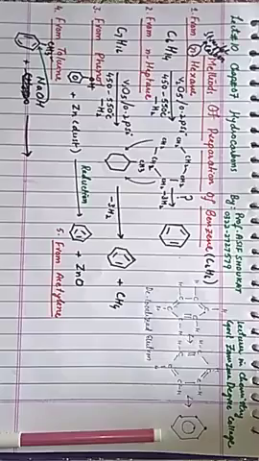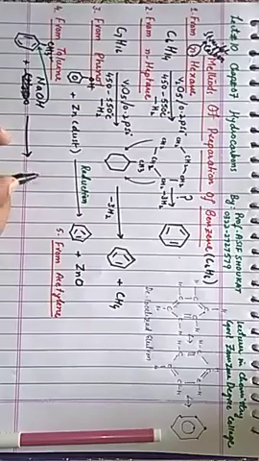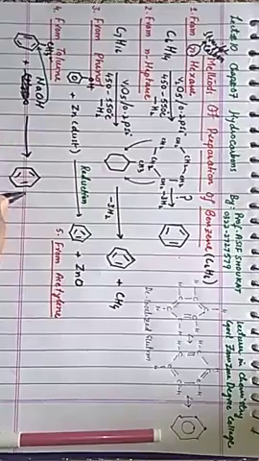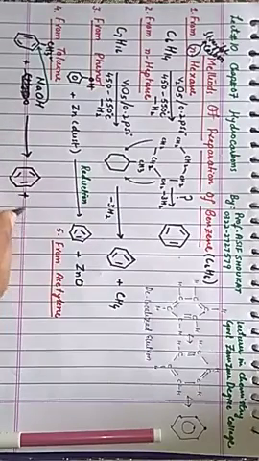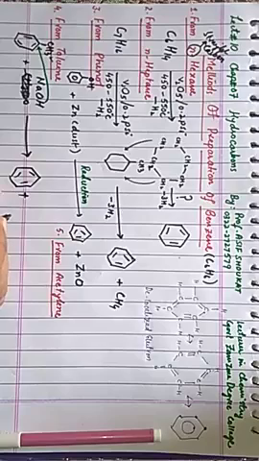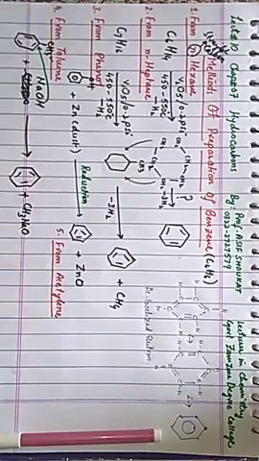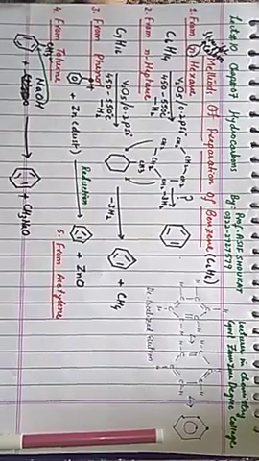So that's how benzene along with CH3NaO is being produced.